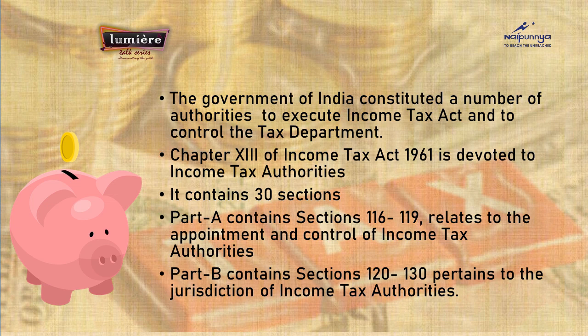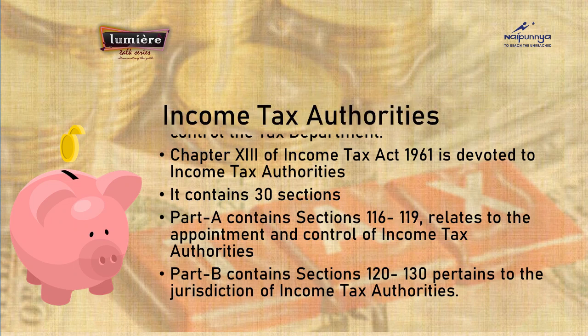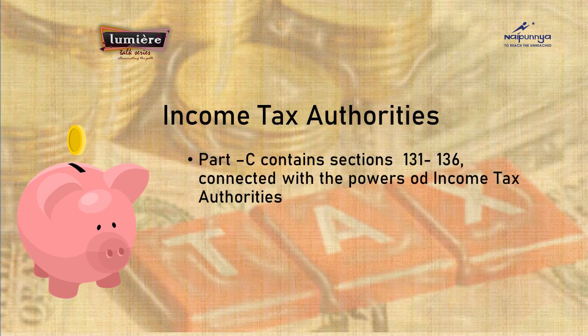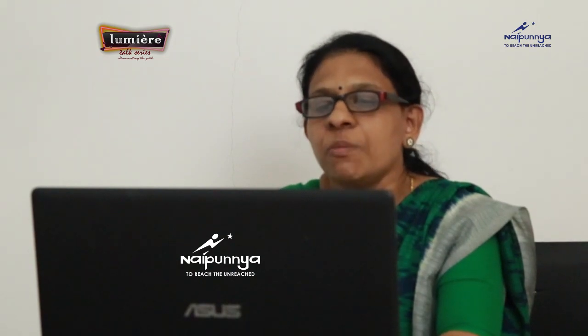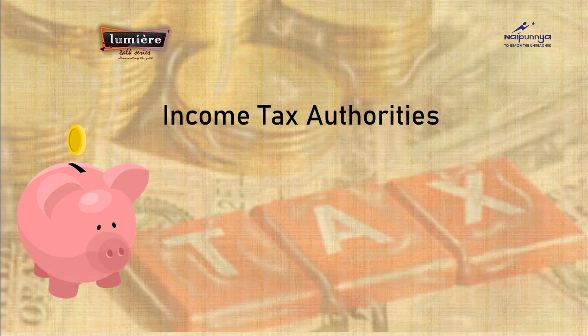Part B is from 120 to 130, which is related to the jurisdiction of income tax authorities, and there the area in which the different authorities can work is mentioned. Then part C is from 131 to 136, which is connected with the powers of income tax authorities, and here you can see the different powers that can be exercised by them.